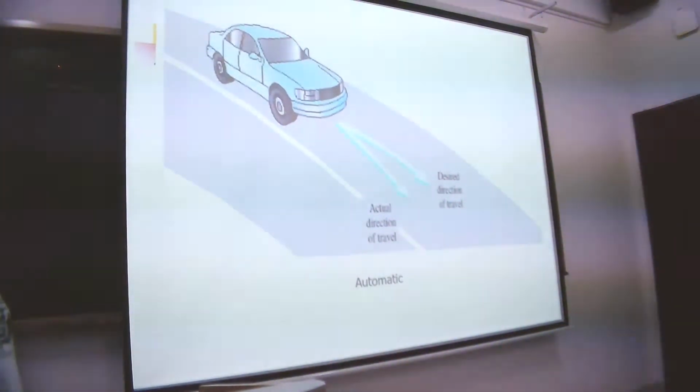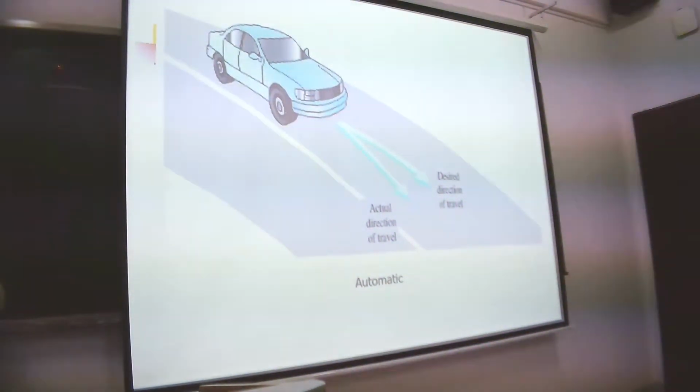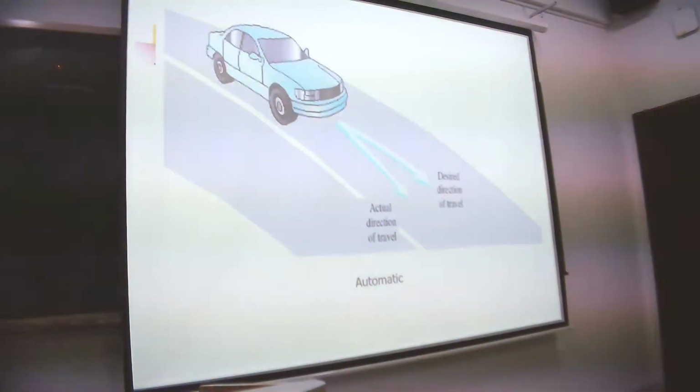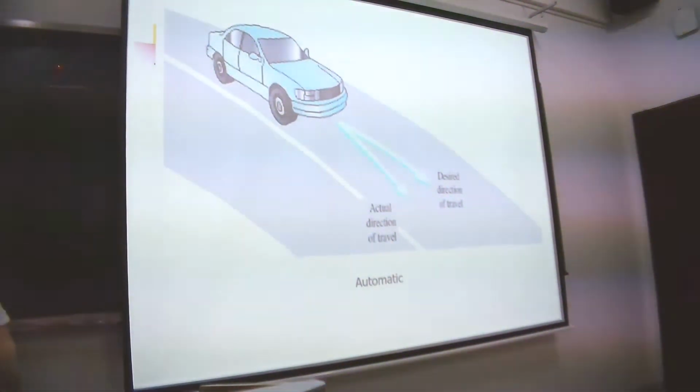Let's see this car. Now this car is running on the road. Now two things should be controlled. One is the direction, and the second is speed.